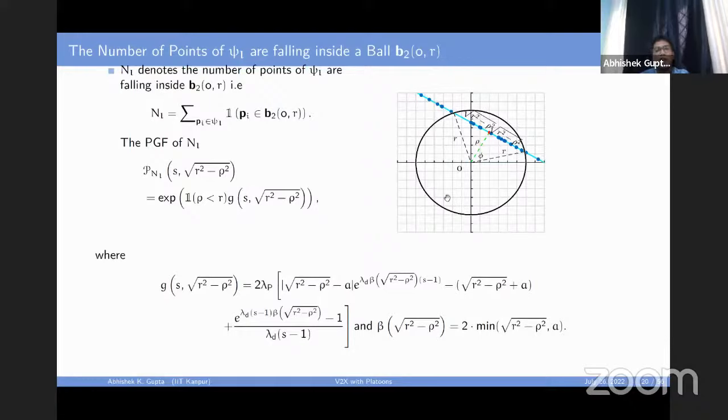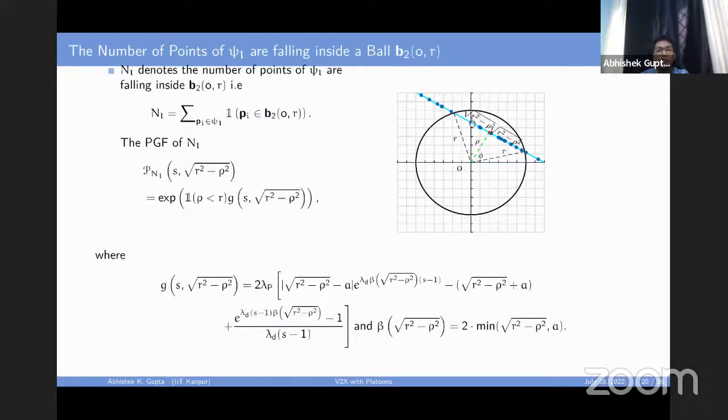I want to ask how many points are there in this ball. First of all, this line cuts the ball to make a chord, and you can compute the chord length as 2 times the square root of r square minus rho square. Because this is rho and this is r, you can compute the chord distance as 2 square root of r square minus rho square.